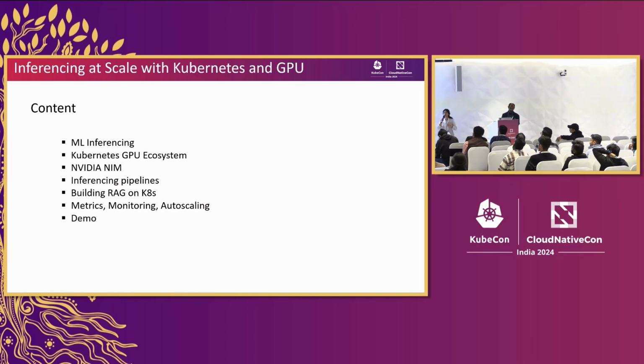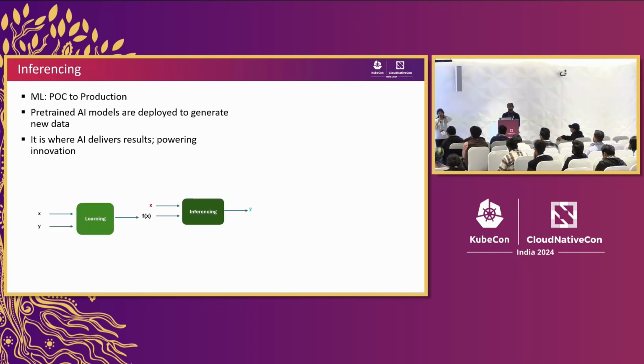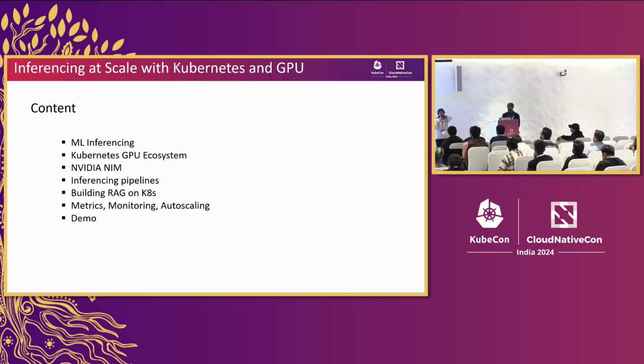We'll introduce you to NVIDIA Inferencing Microservices and how they are different from what is available in open source, like Llama 3 or Mistral. What is the difference between those models and what we call NVIDIA inference optimized inferencing microservices?